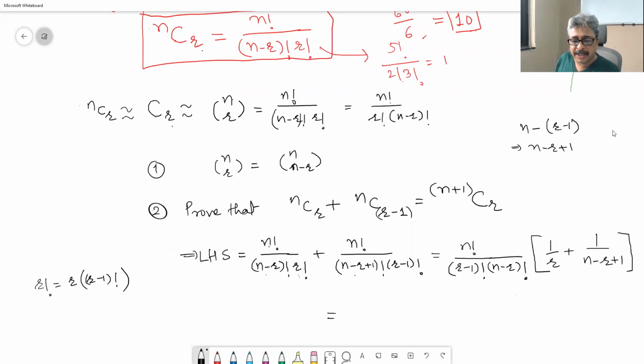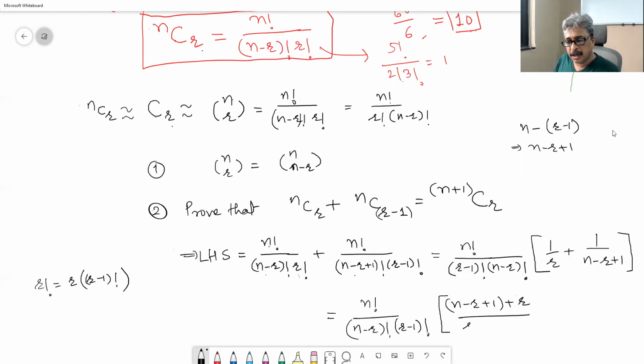Now, if we simplify the second term, what will be the answer? N minus R factorial into R minus 1 factorial. Inside the bracket, cross multiply: N minus R plus 1 plus R upon R into N minus R plus 1.